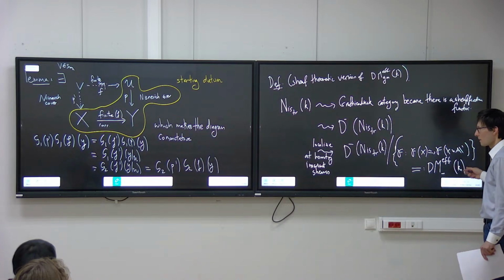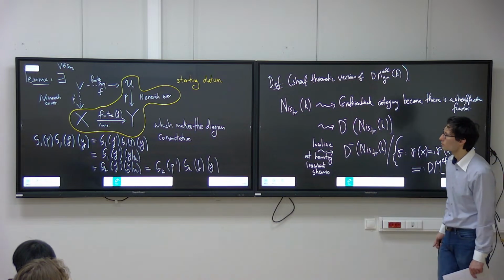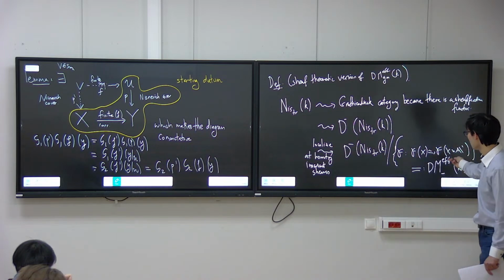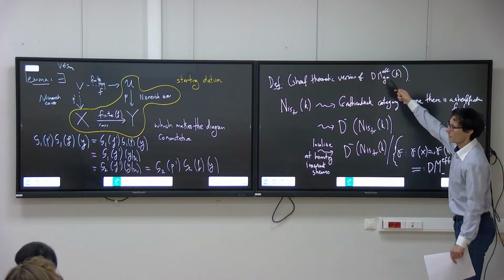So this is our category of motivic complexes, and for the next few lectures, we'll start to compare this motivic complex category to our geometric category.